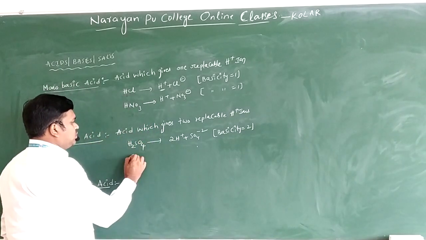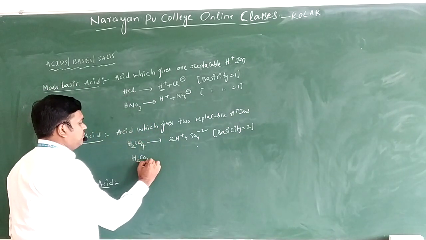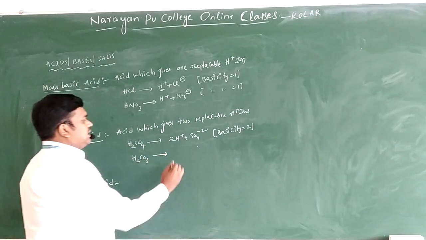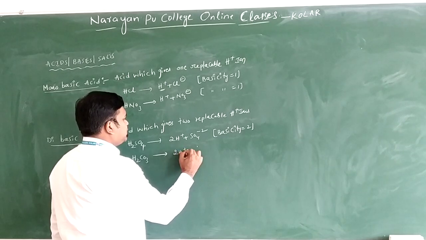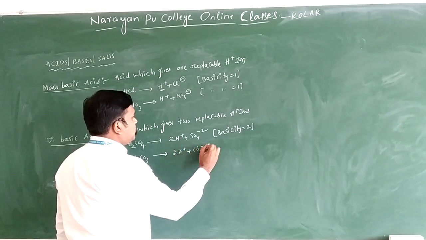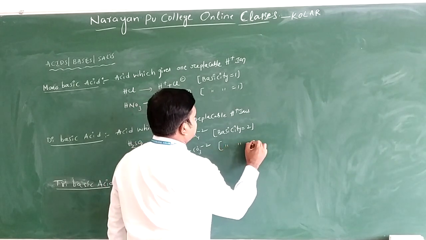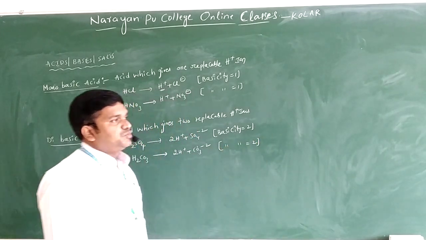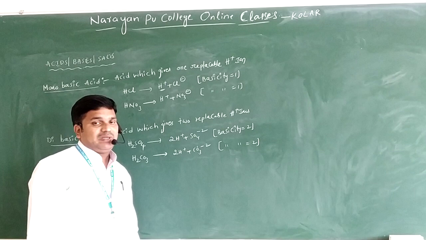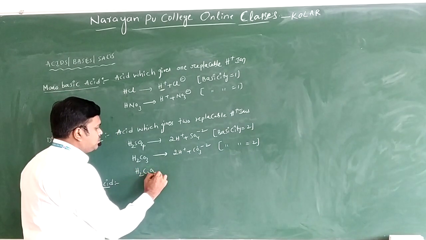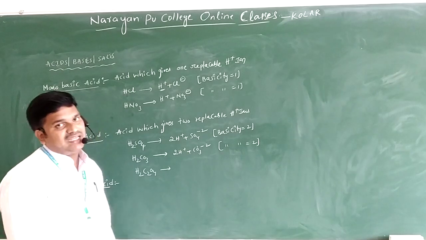Next, H2CO3, that is carbonic acid. It dissociates to give 2H plus and CO3 2 minus. What is the basicity of this acid? Here also 2, because it gives 2 H plus ions. And one more we have, H2C2O4, called oxalic acid.